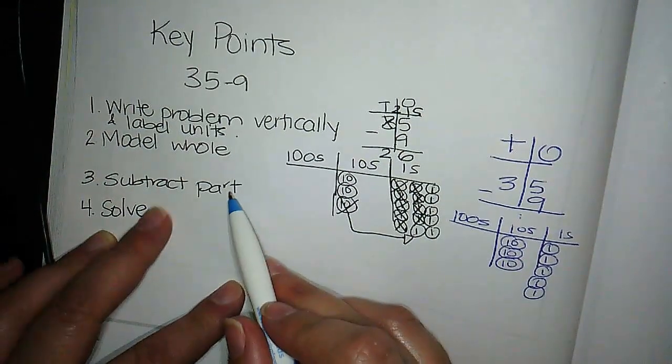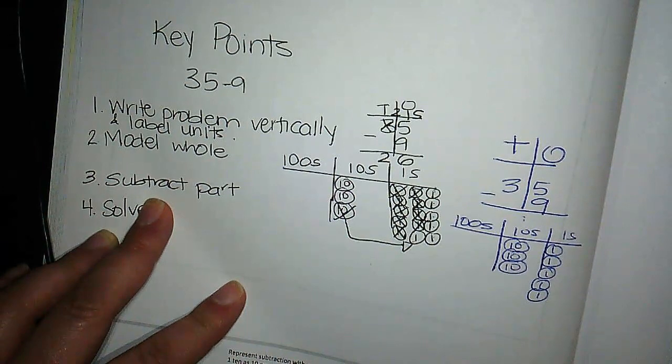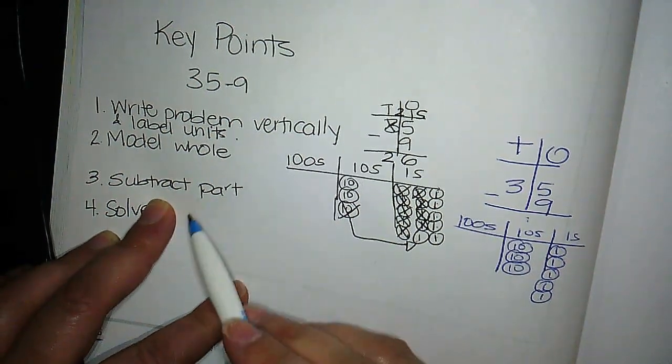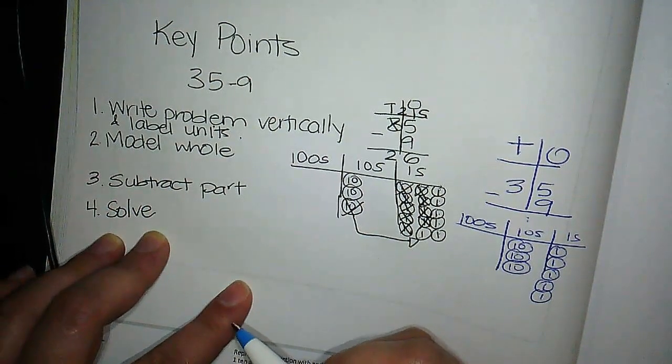I'm going to give you 30 seconds to do key point number 3 that says subtract the part. You're only writing subtract the part.